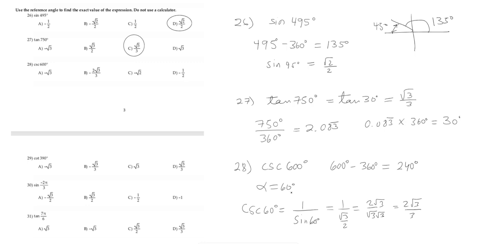The reference is always in the first quadrant, but the original lies in the third quadrant. I know very well that cosecant, which is in the family of sine, is negative there. So the final answer is negative: you adjust the sign. Negative 2 root 3 over 3, like option B. Cool. Very well. Let me erase the board.